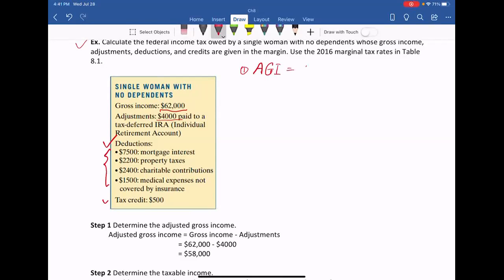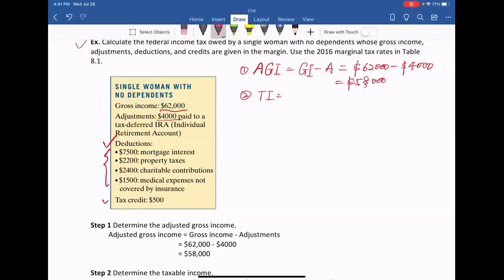That equals gross income subtract adjustment: 62,000 subtract 4,000 equals 58,000.